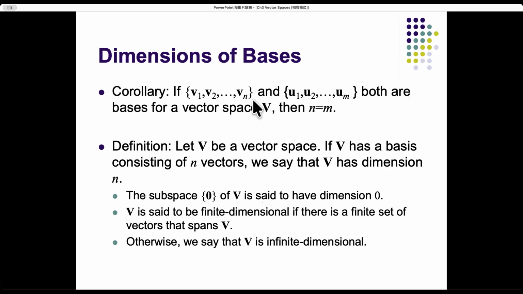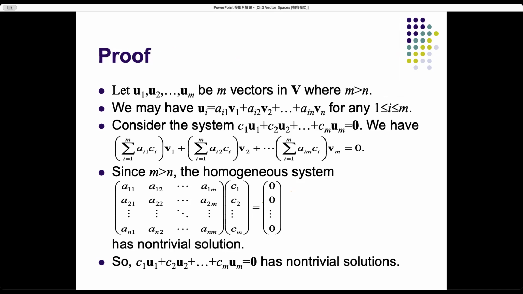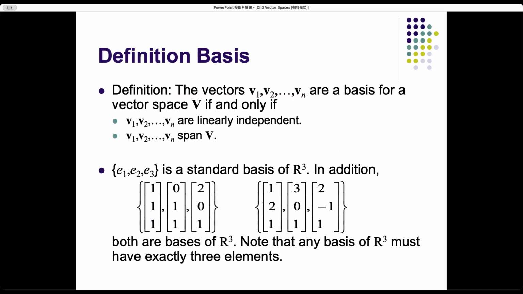Okay, and this also explains, remember, previously when we talked about the basis for R3, you will find that the e1, e2, e3, or this one, they all have exactly 3 elements.